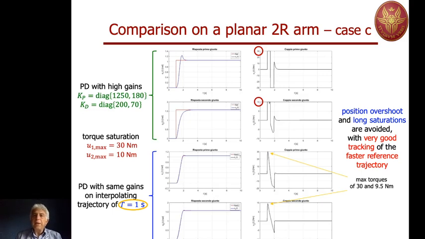So we have no peak torques in the first case just because we have saturation. But in the second case, we have just 1 instant of saturation of the first joint and no saturation of the second one. And we have all the best of all the worlds, so we are keeping the system below saturation, and in any case with low maximum torque.